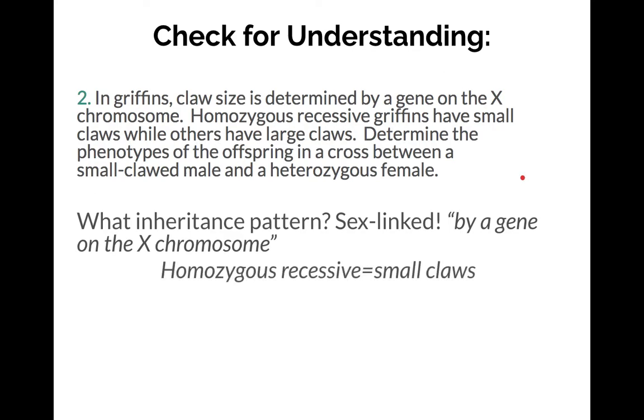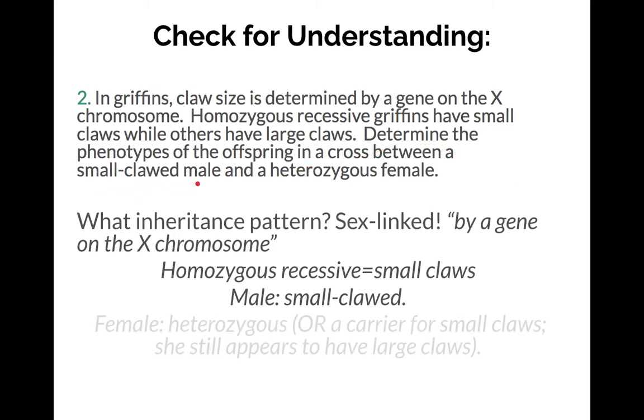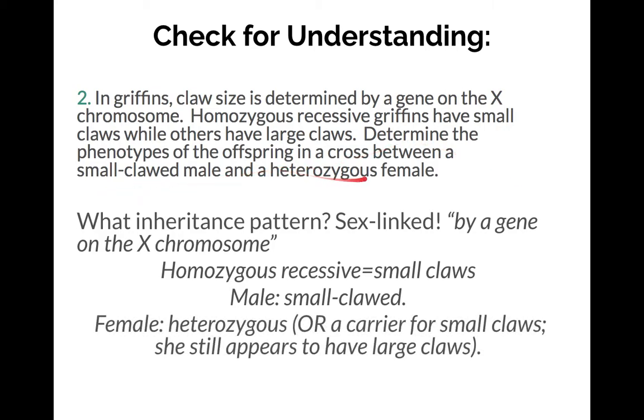Second thing, homozygous recessive, it tells us means that it has small claws. So the male is small clawed, the female is heterozygous, or she is a carrier for small claws, but she still appears to have large claws. So let's go ahead, and now that you have this information, now you can try this out on your own.